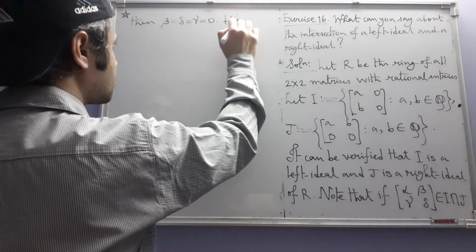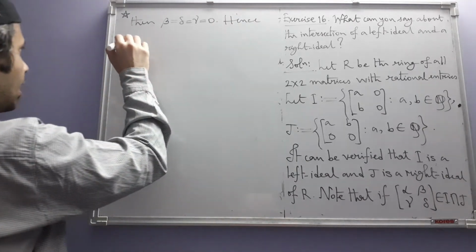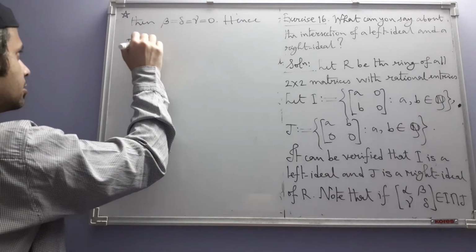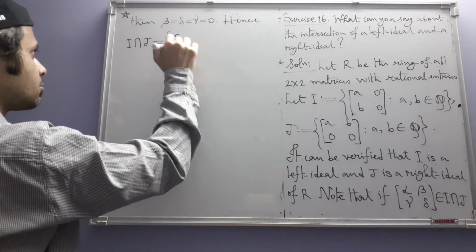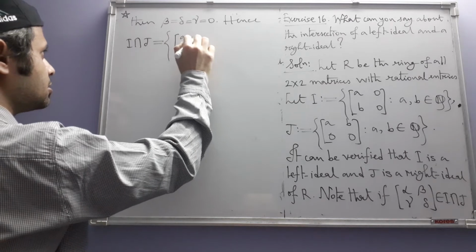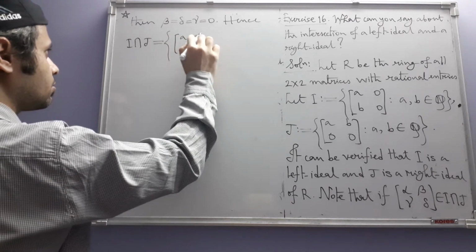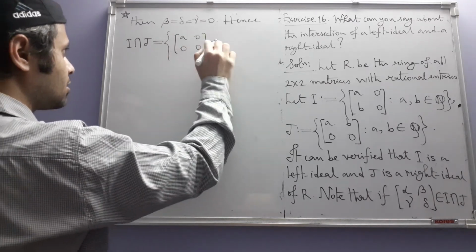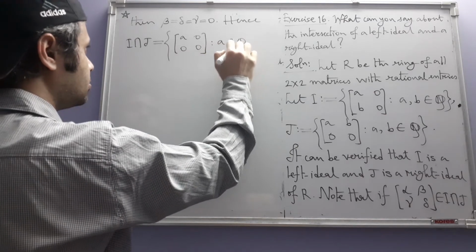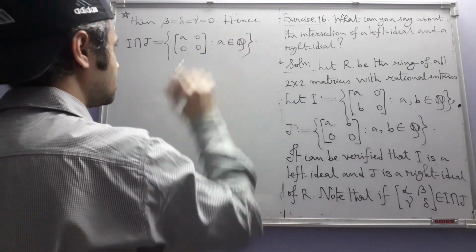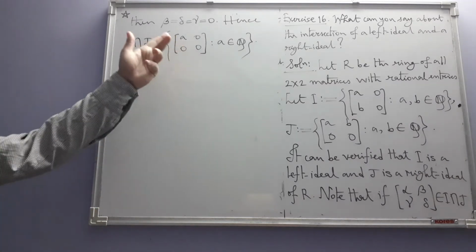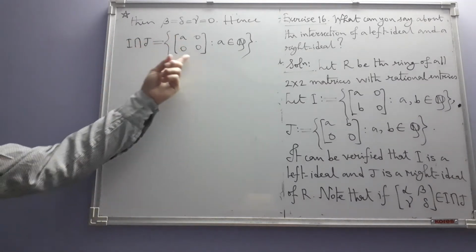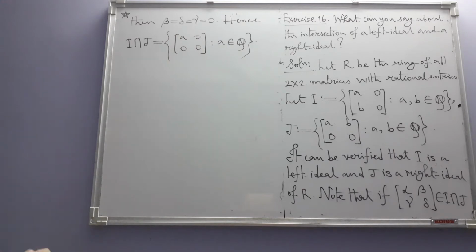Hence, I intersection J looks like this. It consists of all matrices where only the first row, first column entry is possibly non-zero. This A can be 0 also, but it can be non-zero. So the others are fixed and they are 0.